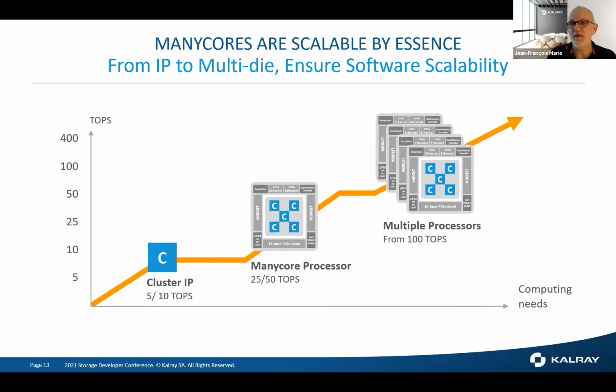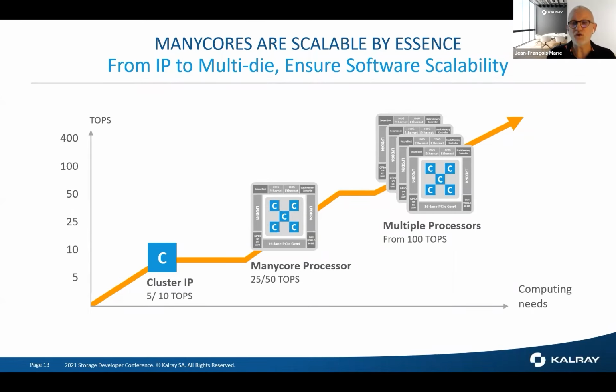Obviously, the limitation will be the power, but there's no limit otherwise, if you have enough power to have many of them all together to provide more and more power. And it's linear scaling. This is where it's interesting. Linear scaling at the core level, at the cluster level, and at the group-of-clusters level. This is why it's really important to have this scalability.